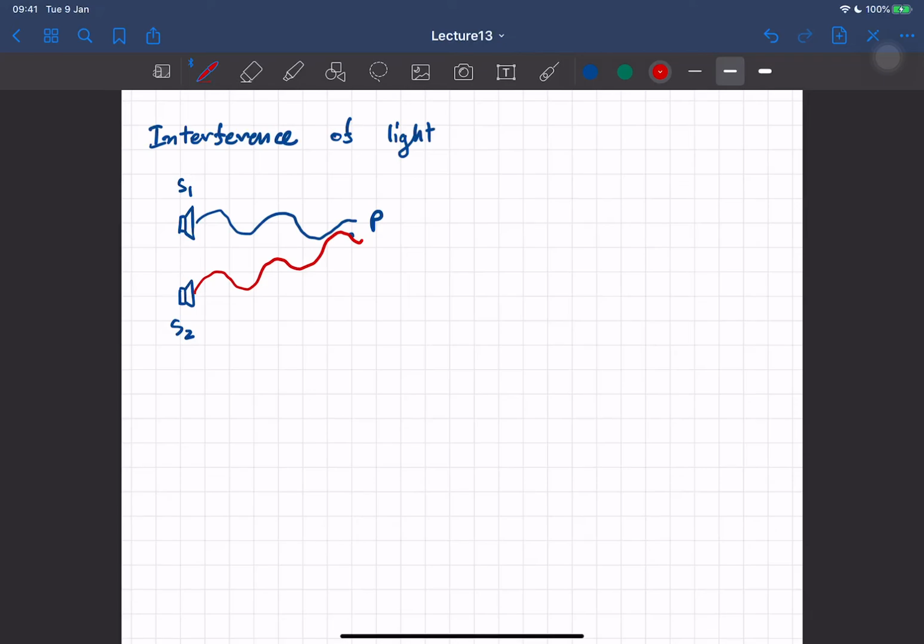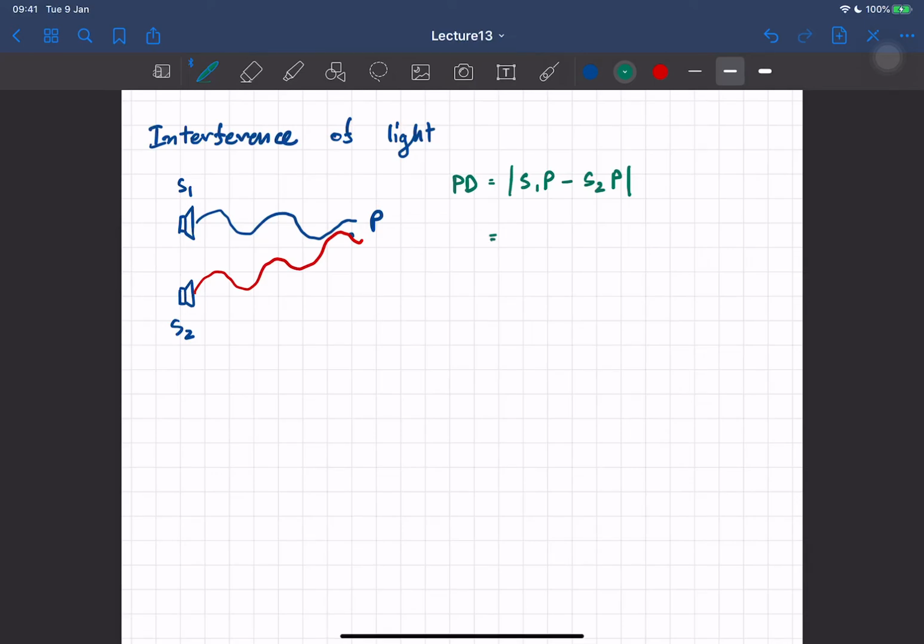The way we solve this problem is to look at what we call the path difference, PD, and it's defined to be the line joining S1 and P minus the line joining S2P. Right, this is the path difference. Again, this is nothing new. You have seen this before.